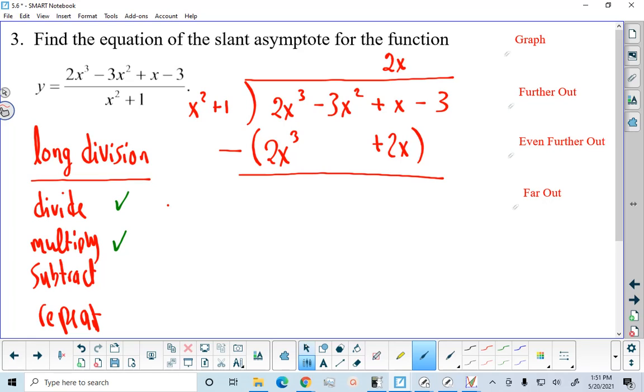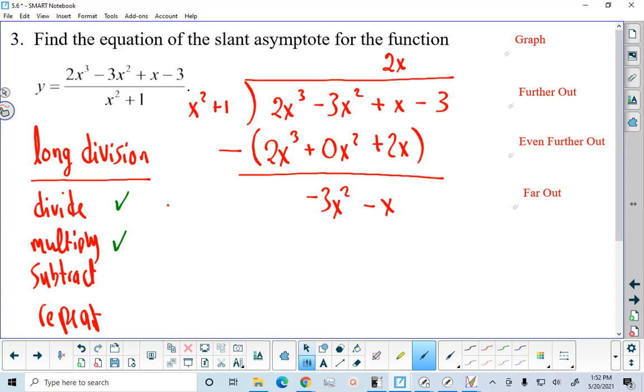You don't need to do that. I guess we do have 0x squared here. We cannot leave this negative 3x squared out of the game. It's a player. Negative 3x squared minus 0x squared is negative 3x squared. And then x minus 2x is negative x.